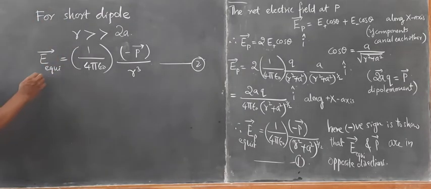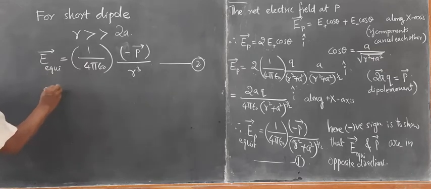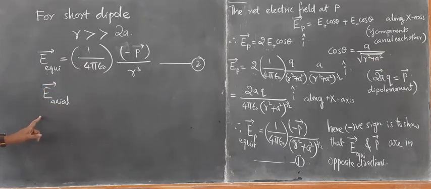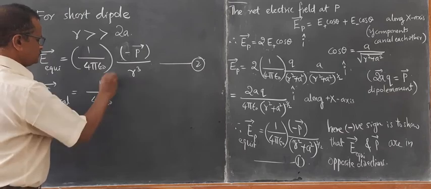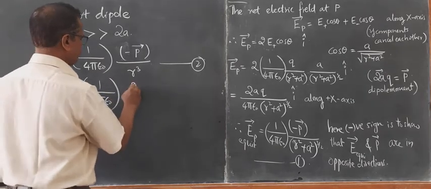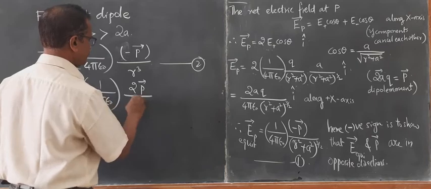Now let us compare this equation 2 on the equatorial plane with the equation we got for the axial line. Electric field due to a short dipole on the axial line is given by 1 upon 4 pi epsilon naught into 2 times p divided by r cube.